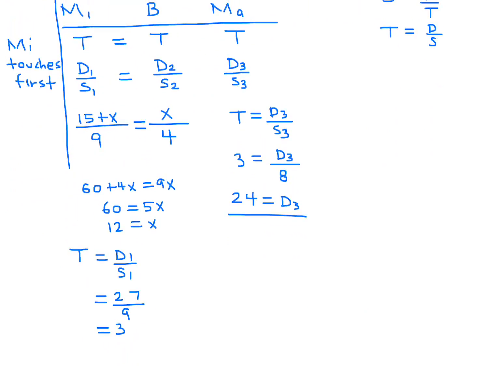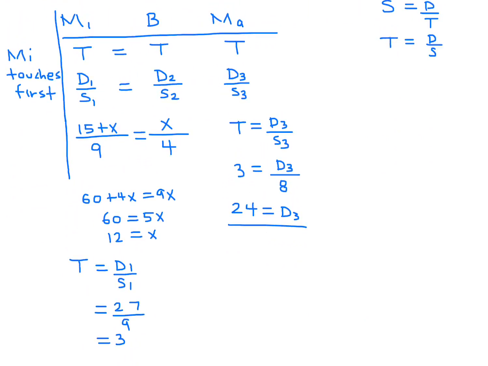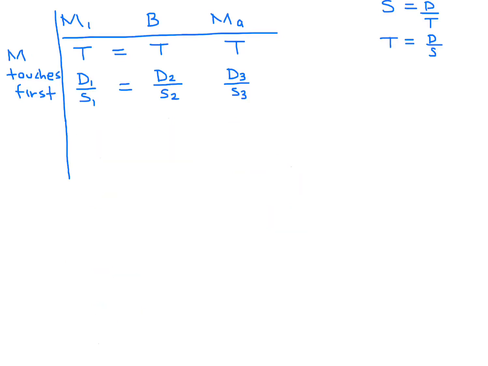Okay, so let's go back and do the exact same thing, but this time knowing that Marcos touches the ball first. So here we go. This time instead of Michael, I put Marcos right there. And the exact same scenario, but this time, because Marcos touches first, the ball's time and Marcos's time will be equal.